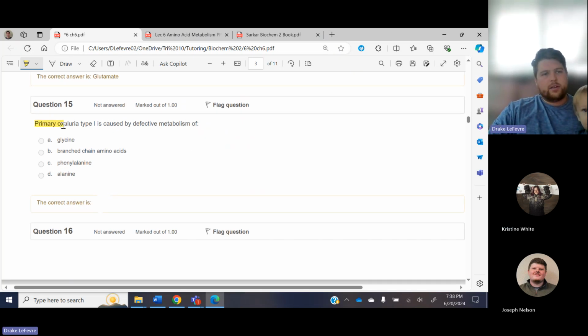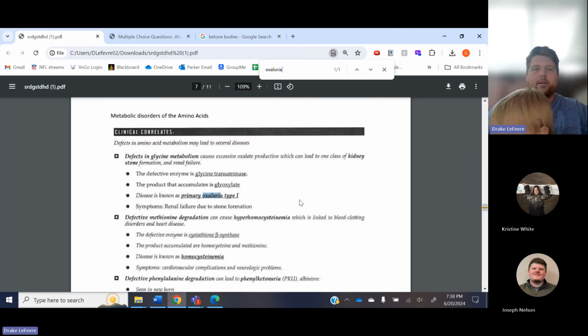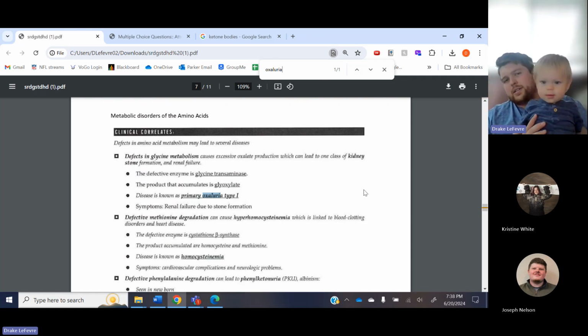Here's another medical condition. You can write this down on our list of things we just need to memorize. Primary hyperoxaluria type 1 is a defect in glycine metabolism, which causes excessive oxalate production, which leads to kidney stone formation and renal failure.